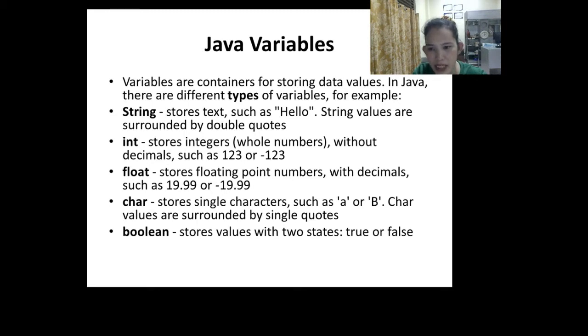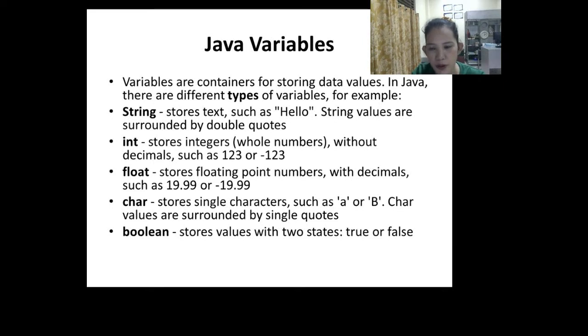So the strings data type stores text such as hello. String values are surrounded by double quotes. The int stores integers or whole numbers without decimals, such as 123 or negative 123.